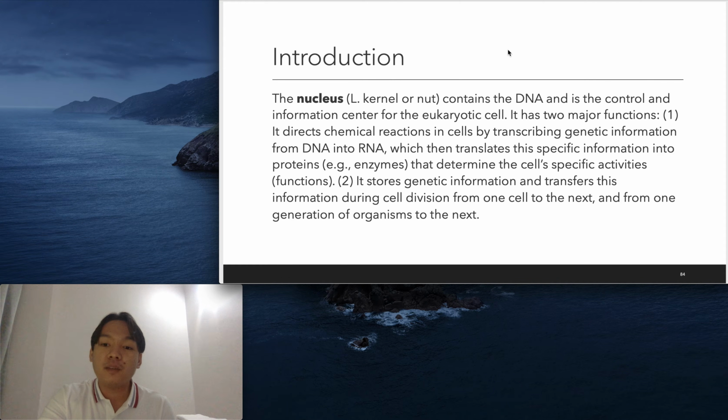There are specific cell activities needed by the cell, so the nucleus has to act on them. It also stores genetic information and transfers this information during cell division from one cell to the next and from one generation of organisms to the next.